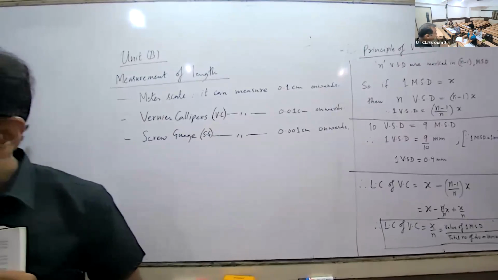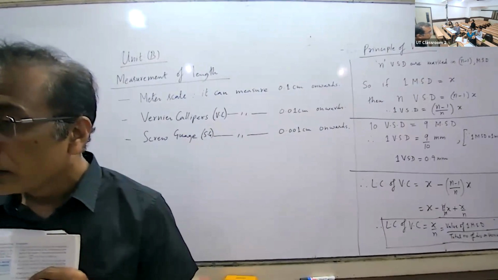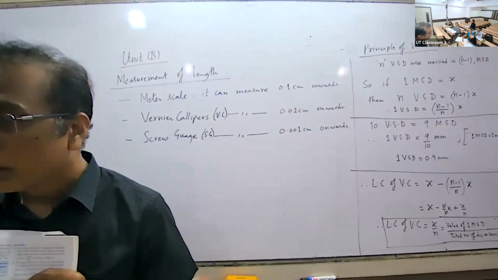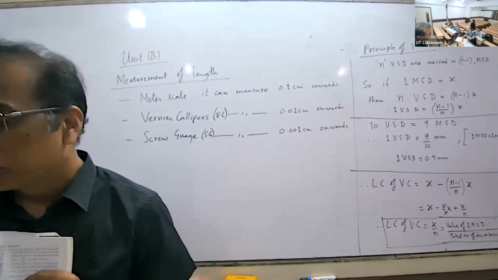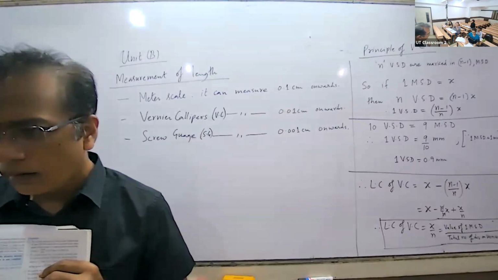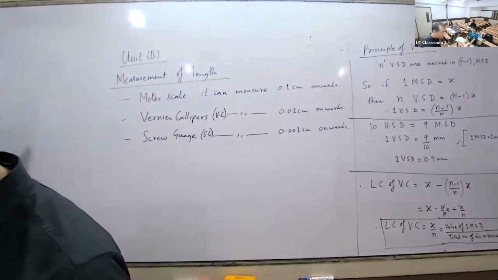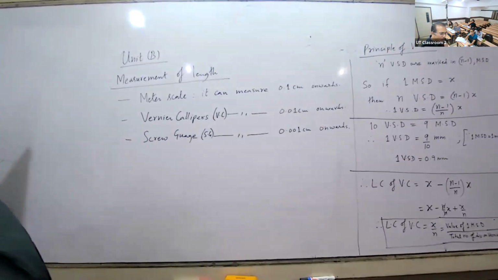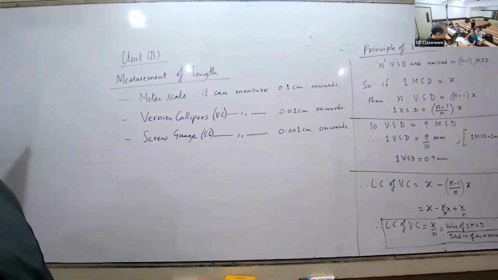There are two types, one of this type and one in a rectangular box, just like the image given in the text. This is a better design because it shows all the main scale divisions.